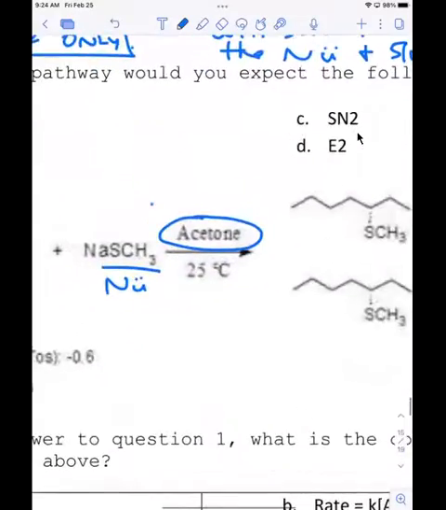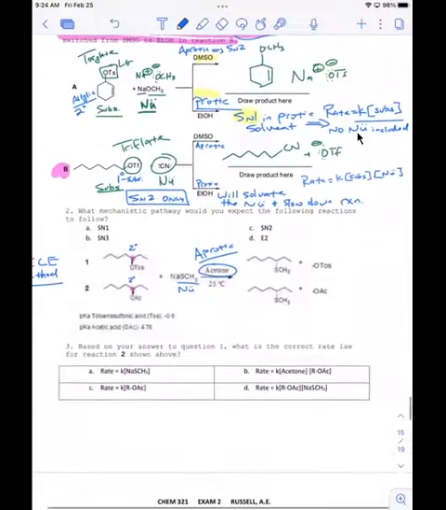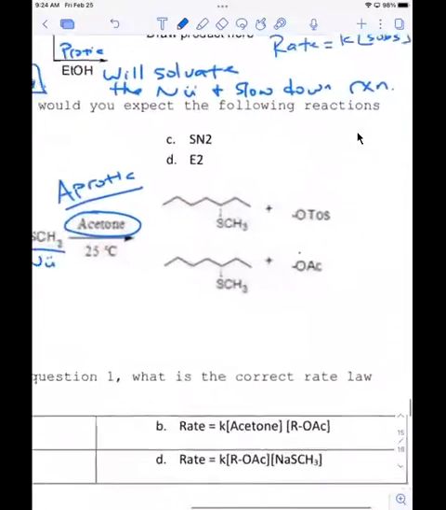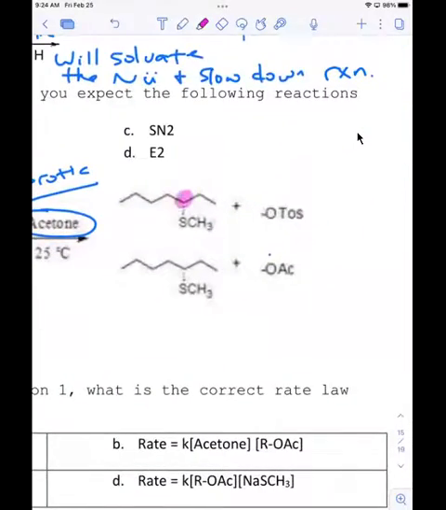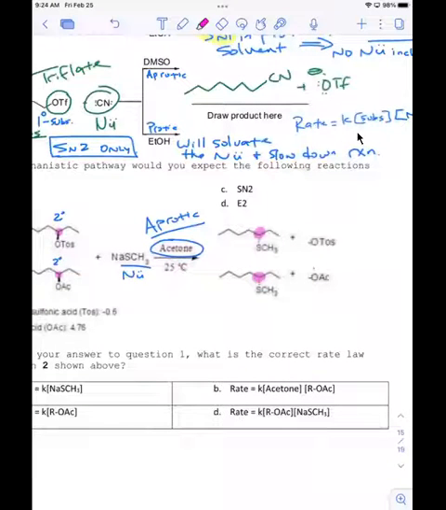This is aprotic. Now we can make a better decision because we know if it's protic and it's a secondary carbon, then it's probably going to do SN1 and not SN2, right? So what do you think? Protic solvent, secondary substrate, good nucleophile, and look at the product. What do you notice in the product compared to the starting material? Does it have inverted stereochemistry?